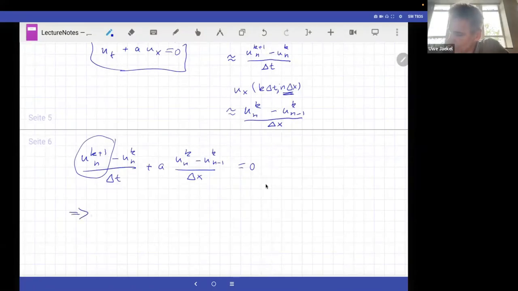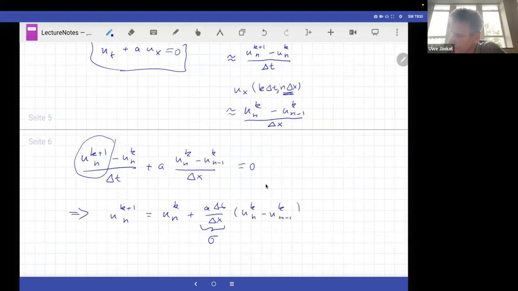So we rewrite this: u^(k+1) at position n equals the value from the previous time step. We multiply this with delta t, and then we get plus a times delta t over delta x, which we call sigma, times this value u_n^k minus u_(n-1)^k.